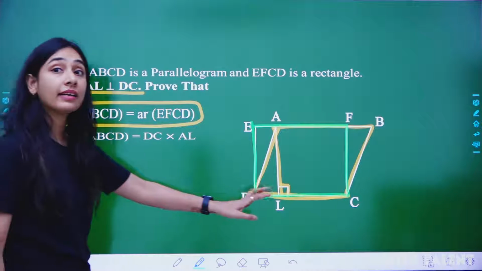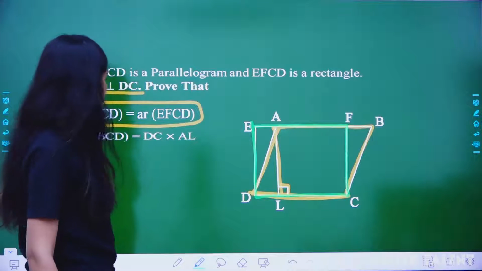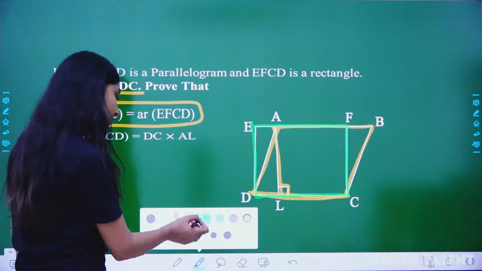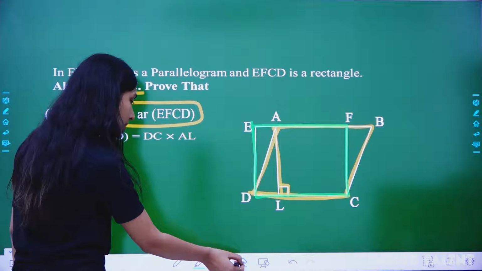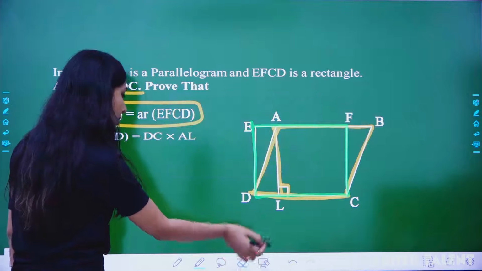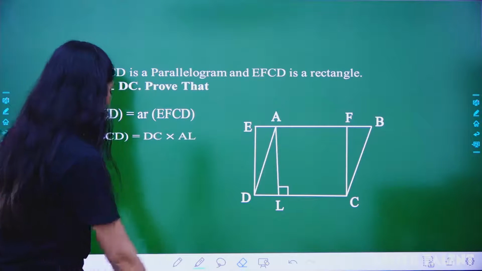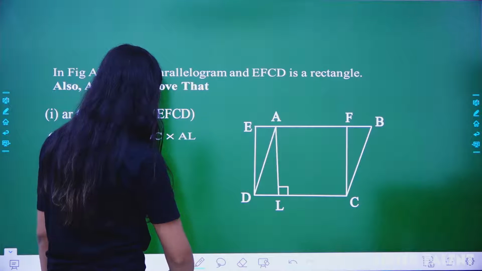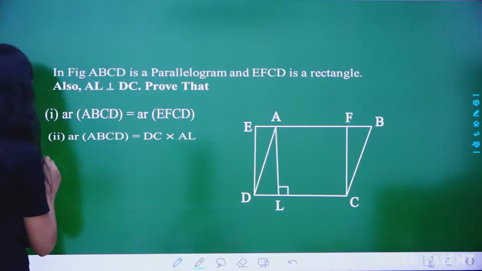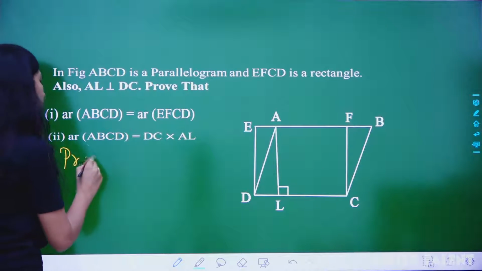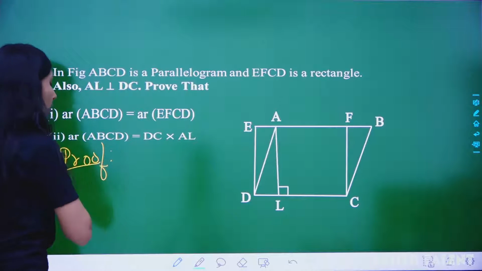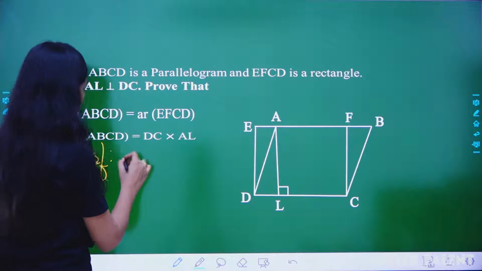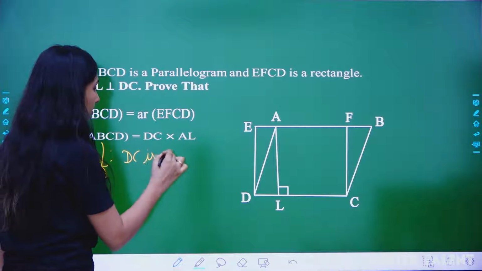Now EFCD is a rectangle. Fine. This is going to be so easy. We'll go with the proof part only. We are skipping the first one. In the proof part, you'll write the given things. DC is the common base.